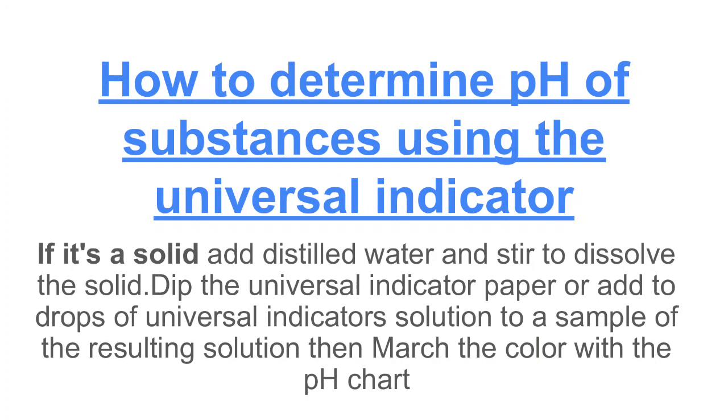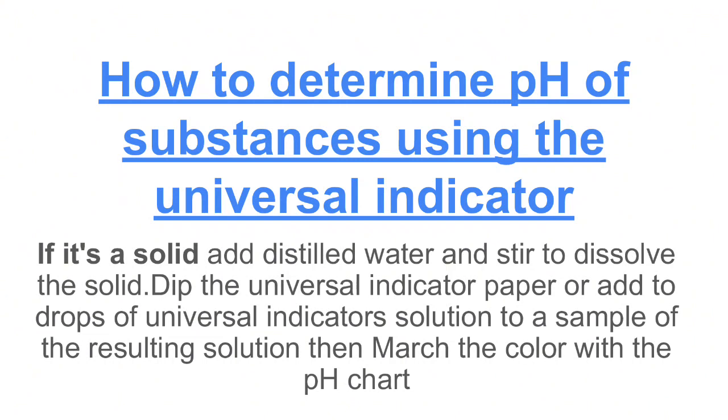How do we determine the pH of substances using the universal indicator? Now this is the procedure. If the substance is a solid, add distilled water and stir it to dissolve into a solution. Then dip the universal indicator paper or add a few drops of the universal indicator into the solution formed.